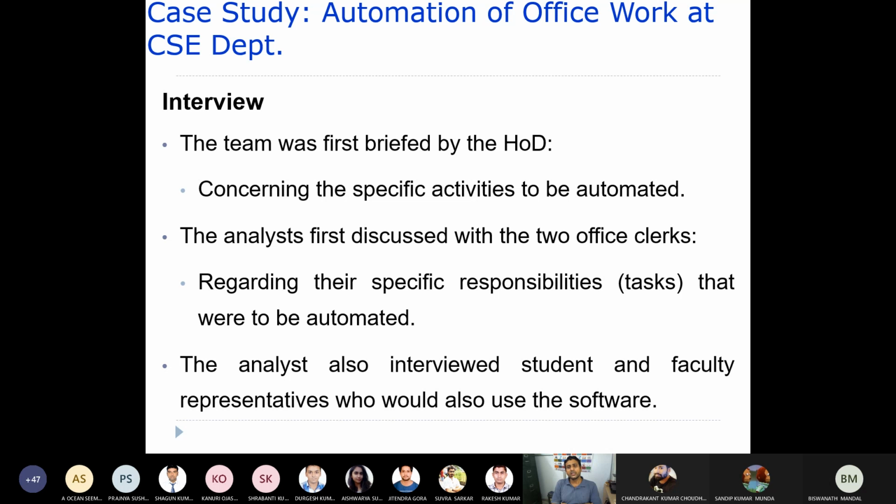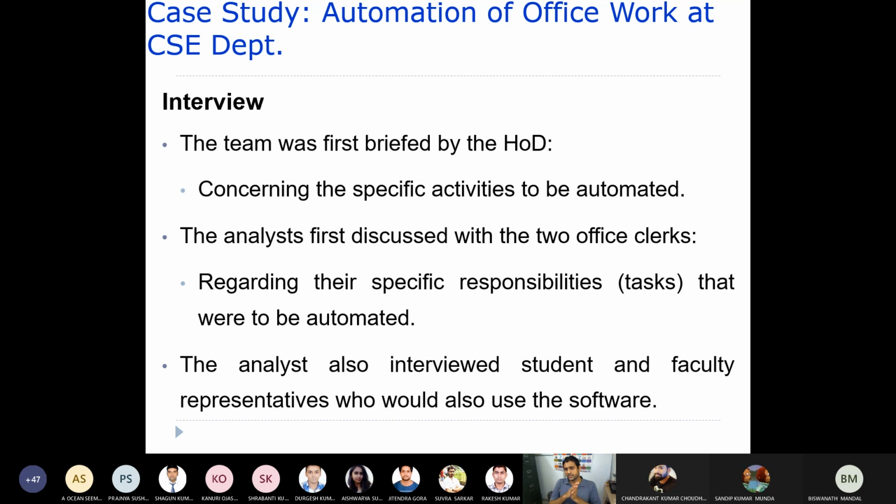The HOD will brief the team of students on the various specific activities that need to be automated. One student from the development team may be chosen as the analyst.